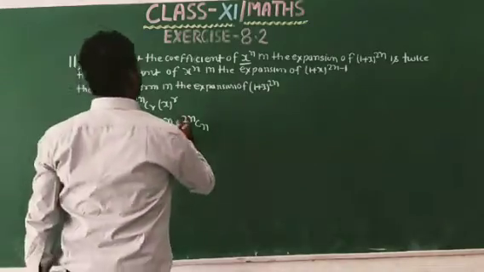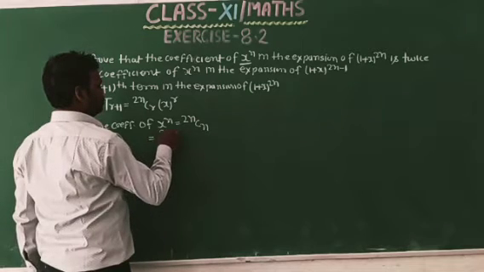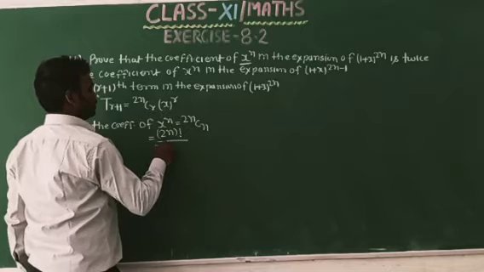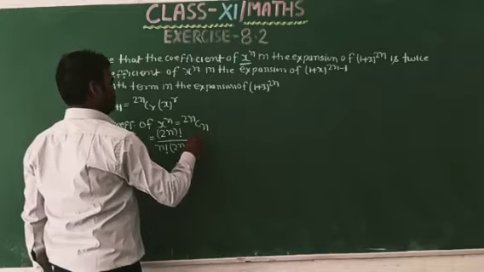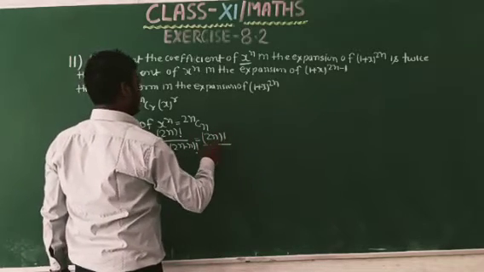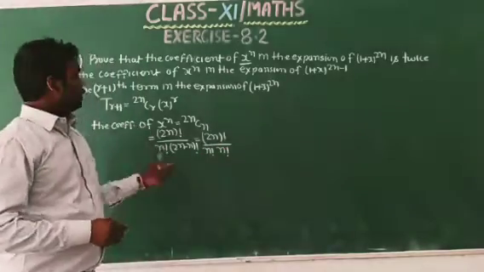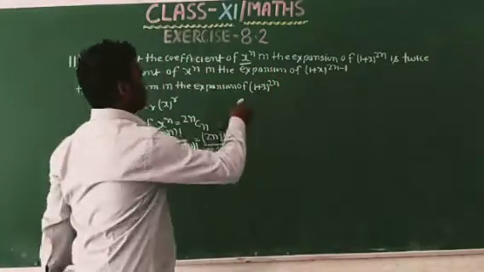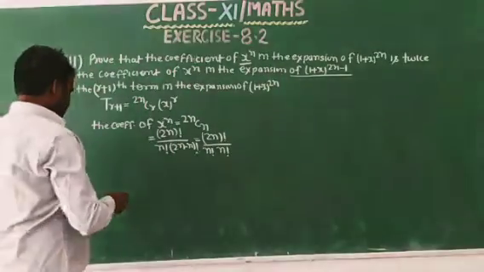So this is 2n C n equal to 2n factorial upon n factorial and (2n minus n) factorial, which is equal to 2n factorial by n factorial and n factorial.